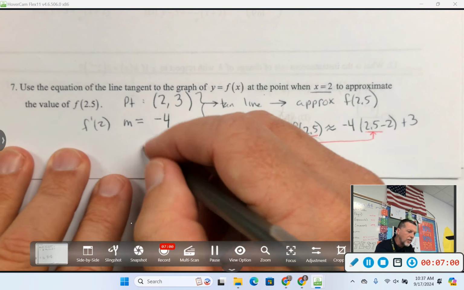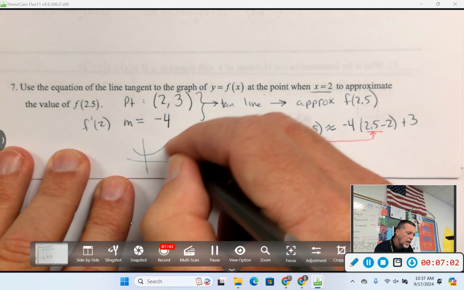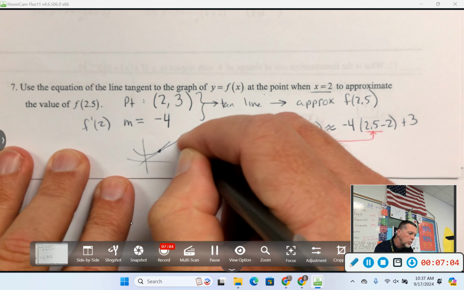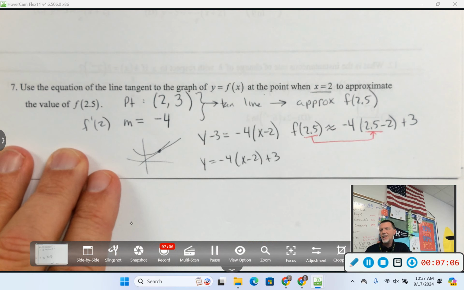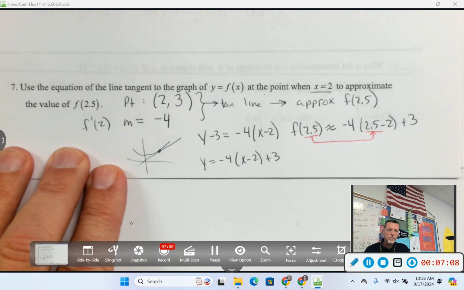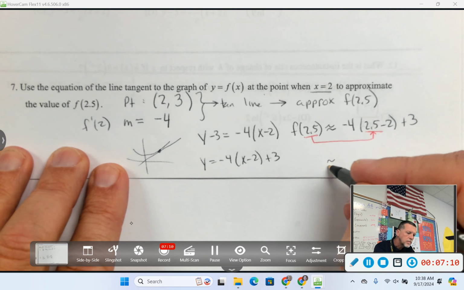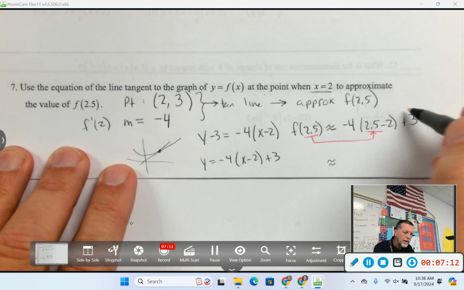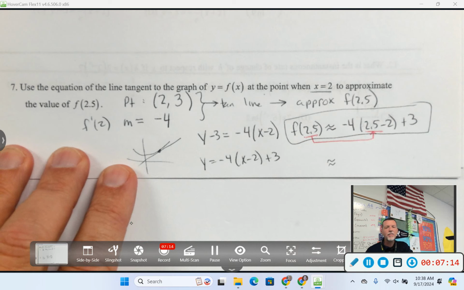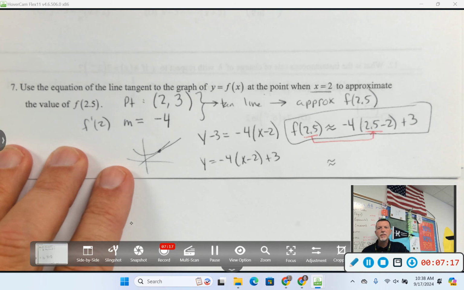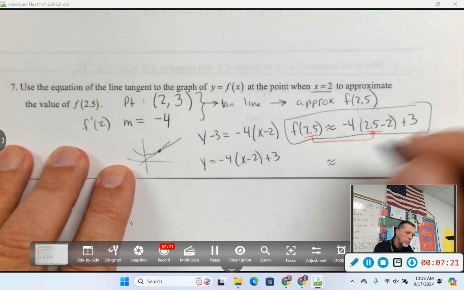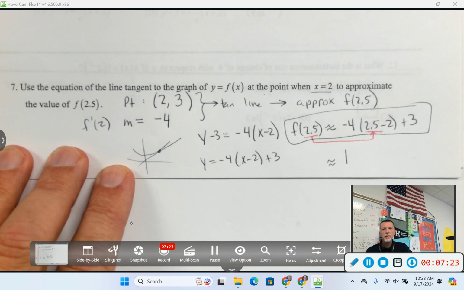But whatever this function looks like, presumably the tangent line is going to give me something pretty close to the function. I don't want to do that. Leave it alone, right? Safe stop. I don't want to mess that up. Half of negative 4 is negative 2, plus 3 is 1, I think.